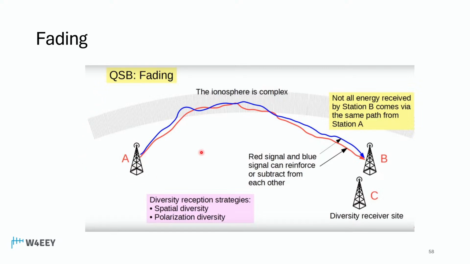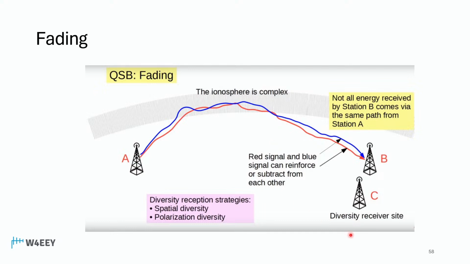And there's a couple of strategies to get around that called diversity reception. There's a couple different kinds of diversity reception. You can have two receivers, have one listening on a vertically polarized antenna, one on a horizontally polarized antenna. So whichever one of these is coming down the strongest, you'll be able to hear them.